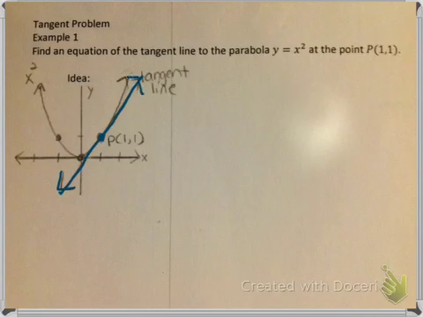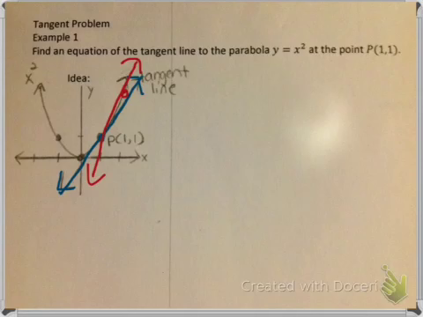Now the problem is we only have 1 point. To find the slope, as you know from Algebra 1 and Algebra 2, you need 2 points. So to do this, we're actually going to use secant lines. If I take another point, let's say (2, 4), and I connect these 2 points, now I have a secant line, and I can find the slope of that line.